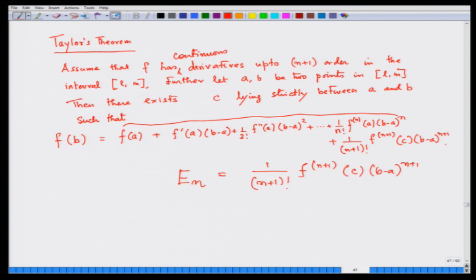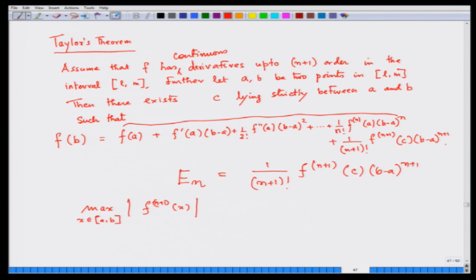Now, because I have assumed that f has continuous derivatives up to n plus 1th order, I have something interesting. This value f^(n+1)(x) is bounded over the closed interval a b, whatever it is.